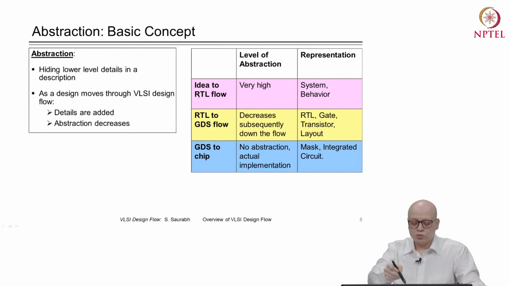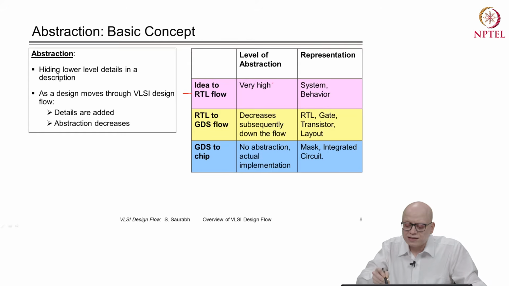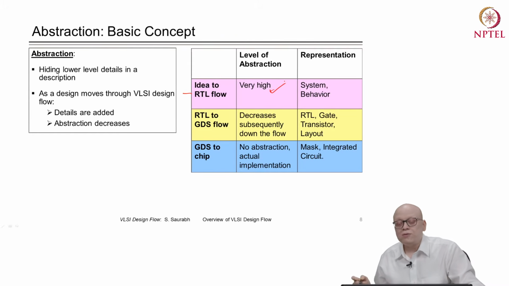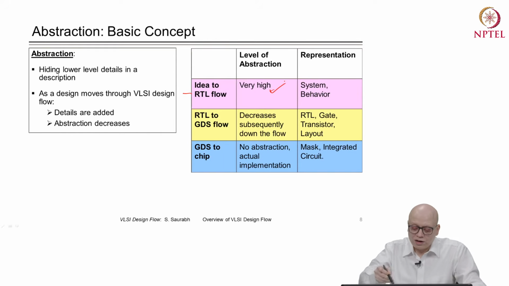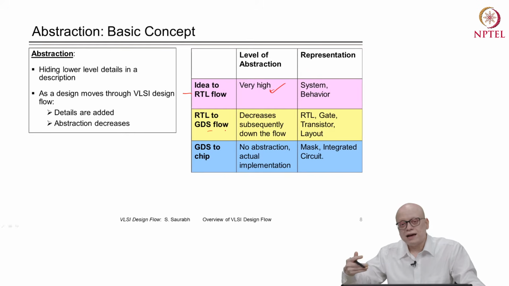So, if we look into the three parts of the design flow that we just discussed, in the idea to RTL flow, the abstraction is very high, right? And we are representing a design in terms of system and behavior. Later on, when it goes to RTL to GDS flow, as the design moves through various stages, the abstraction goes on decreasing, and the design gets transformed from RTL to logic gates, then transistors, and finally to the layout.